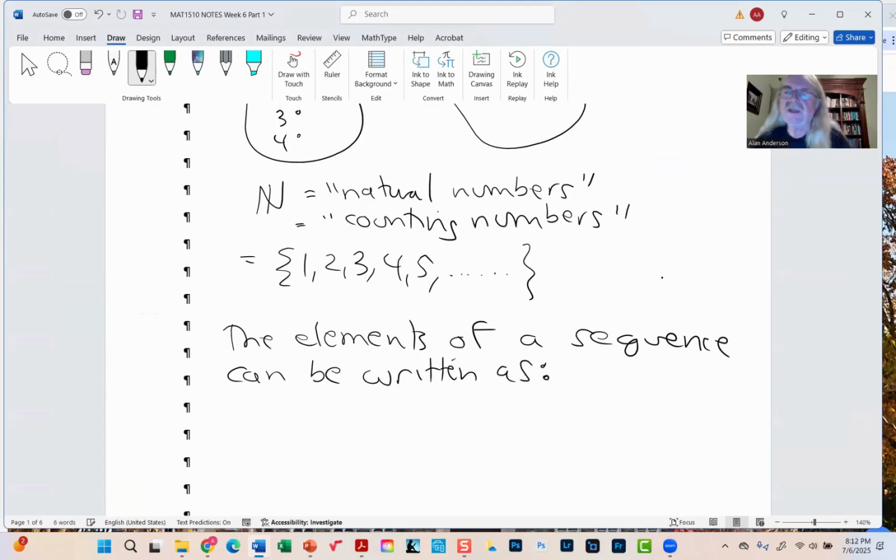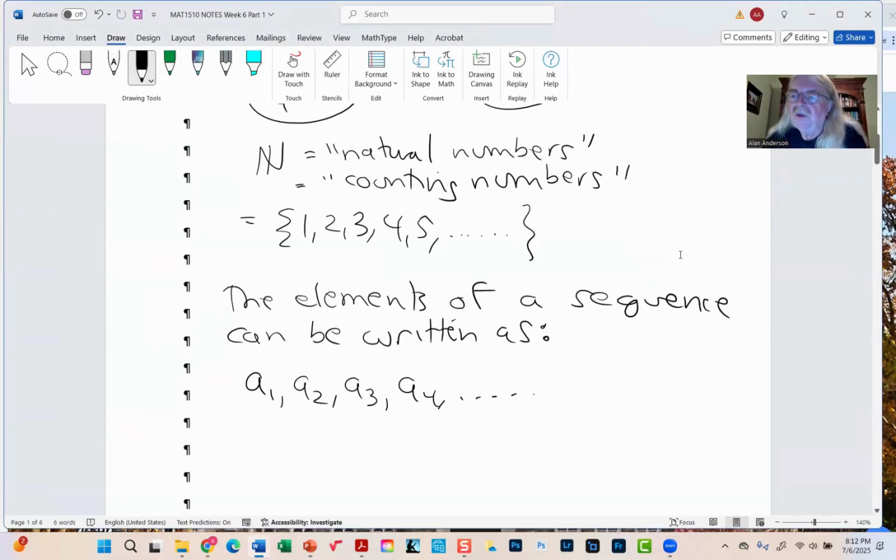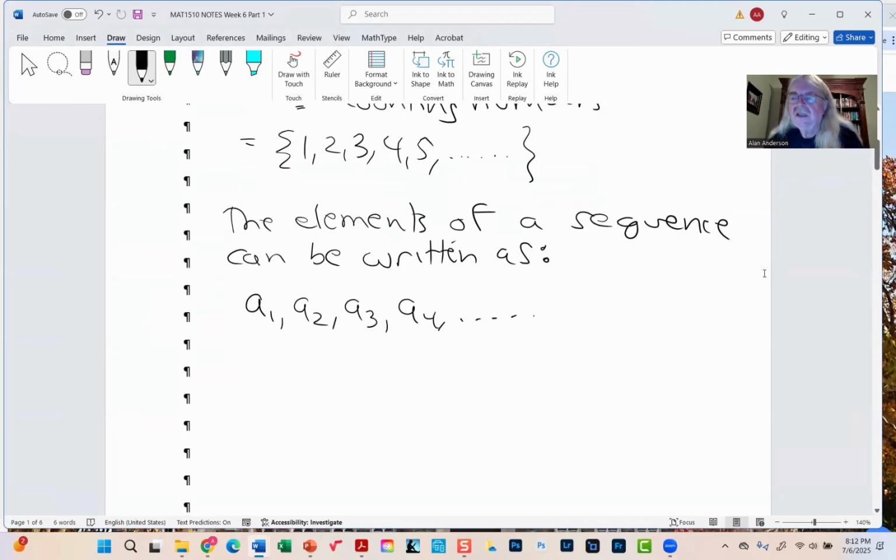And then this would be pretty typical of A1, A2, A3, A4, up to infinity. So A is some variable. We don't know what that's equal to. The subscript is a member of the natural numbers. So these will be defined by a formula of some kind that will tell us how to calculate each of these terms based on the index.